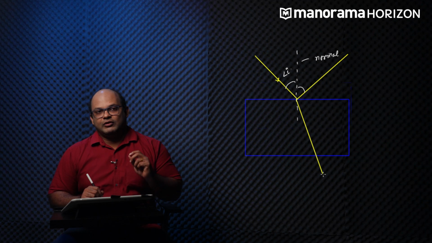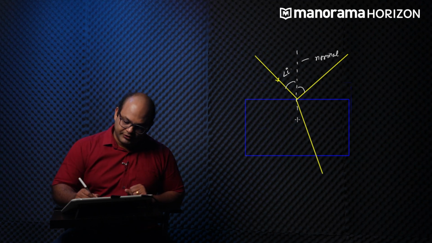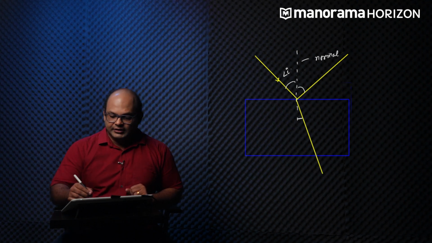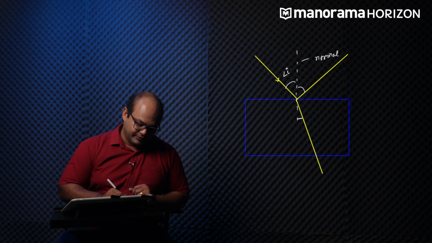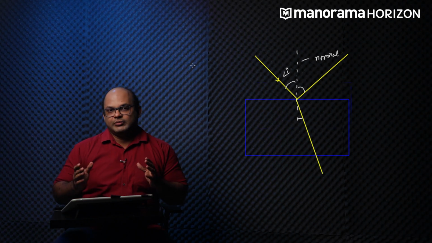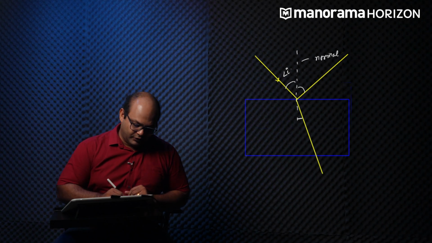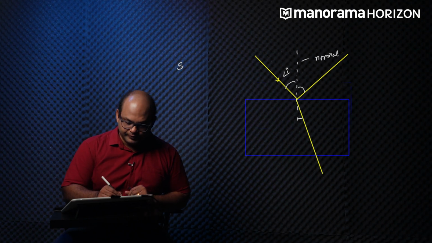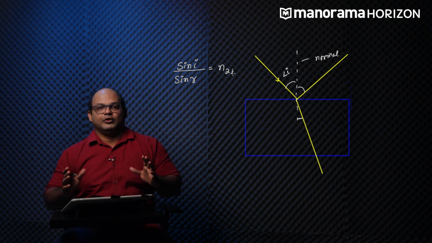The question is, how do we calculate this angle? Can we use some kind of relationship to find out what this angle will be? It turns out that there is a relationship which says that for any system containing two media which have different speeds of light, the ratio of the sine of the incident angle to the sine of the angle of refraction will be equal to a constant for that particular set of media.